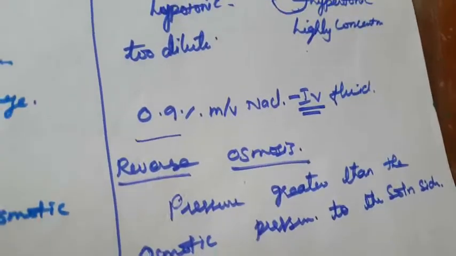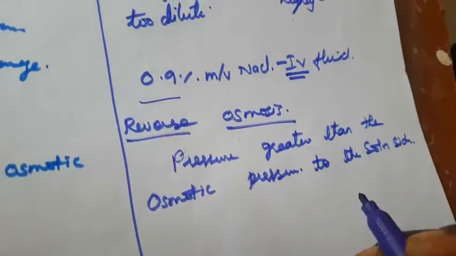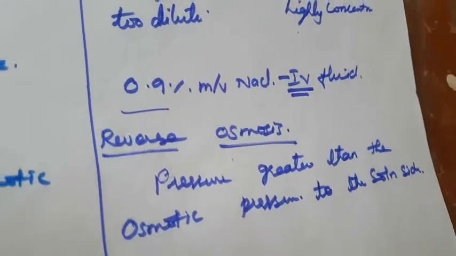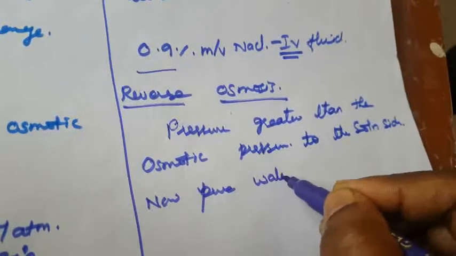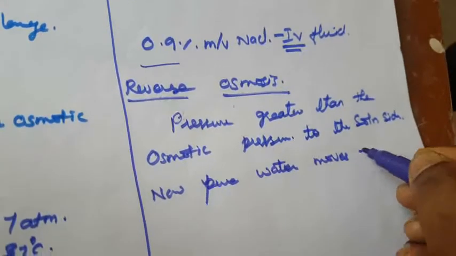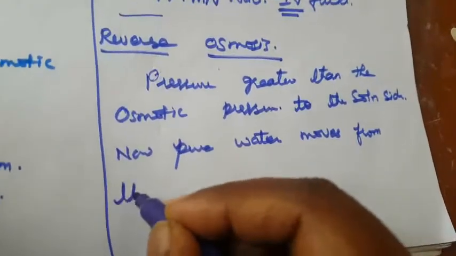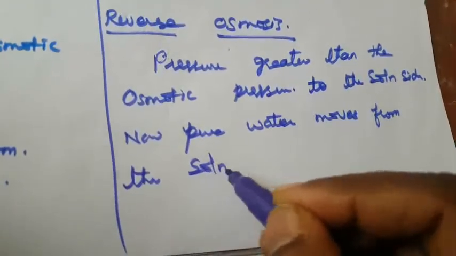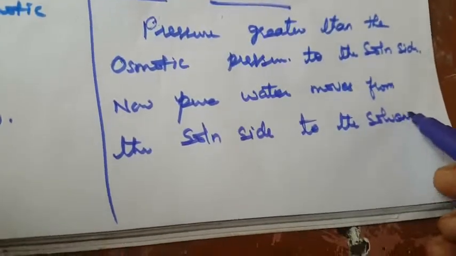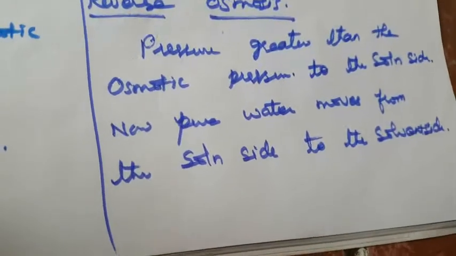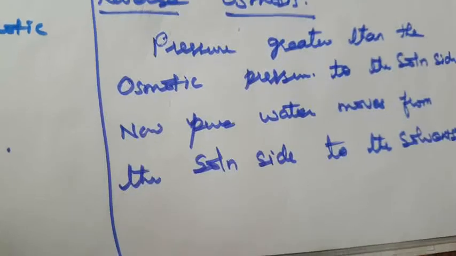So pure water moves from the solution side to the solvent side, and the process is called reverse osmosis. It passes through the semi-permeable membrane in the opposite direction of osmosis.